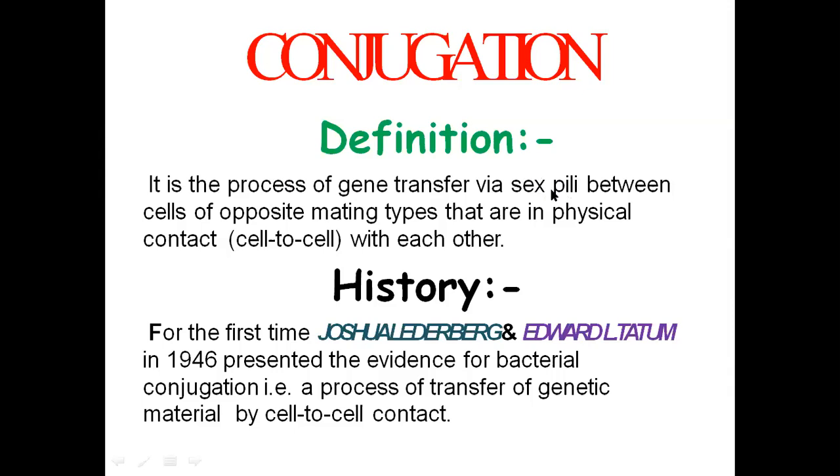Pili means a bridge between cells of opposite mating types, between a male and a female cell. If there is a bridge, it is called the sex pilus. Okay, in the picture we can show it clearly. So gene transfer via sex pili occurs between cells of opposite mating type, male and female, in physical cell-to-cell contact with each other.